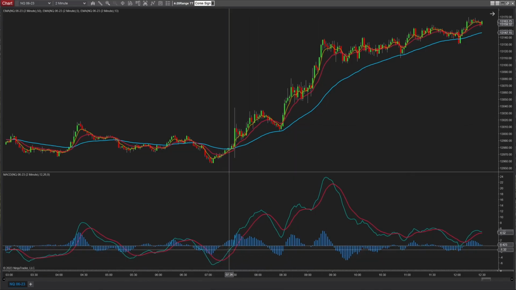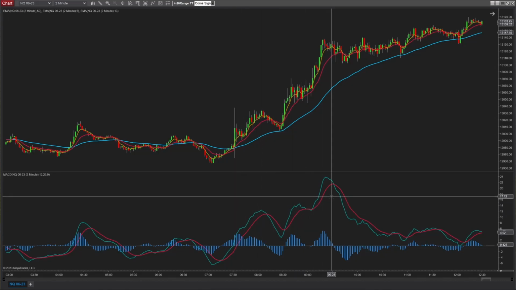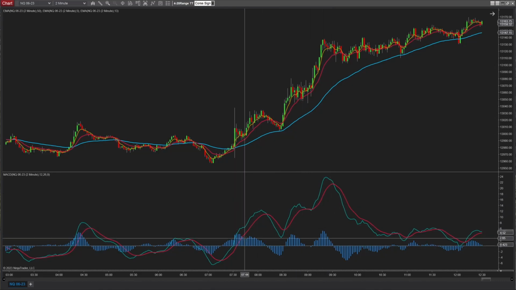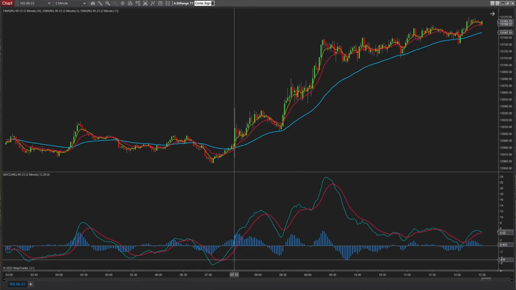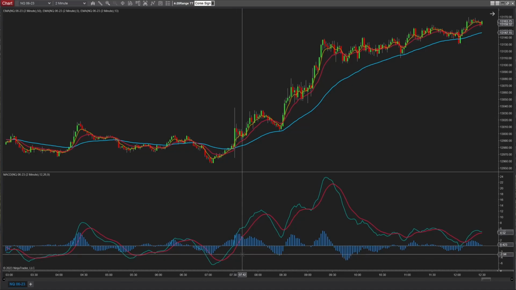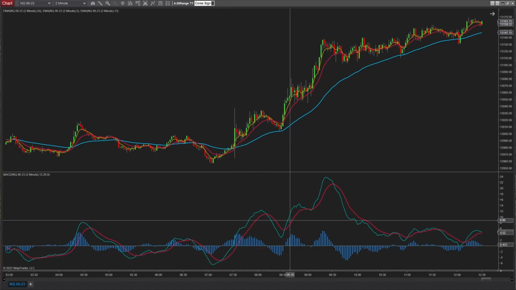When you look at the MACD line, in my example it is the blue line at the bottom of the screen. If the MACD line is above the zero line, it indicates that the asset is in an uptrend. If the MACD is below the zero line, it indicates that the asset is in a downtrend.